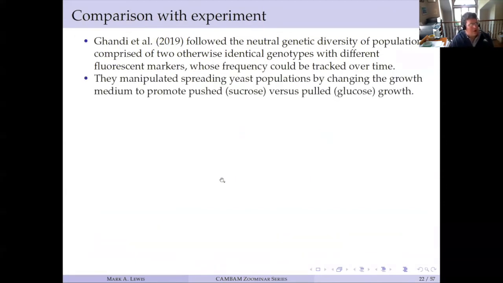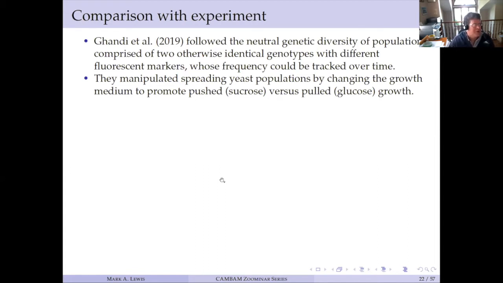And so just very recently, the same group that looked at these pulled and pushed waves using yeast actually did a very beautiful experiment using genetic markers on the same types of populations. And so what they found they could do is they could put what was essentially a neutral genetic marker on a yeast population that would fluoresce.